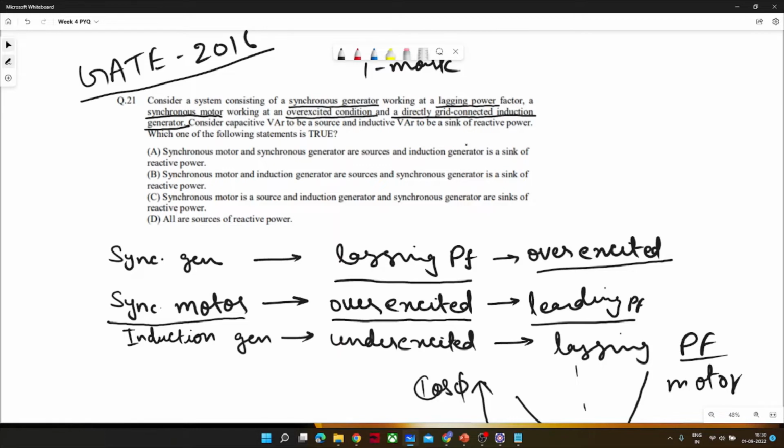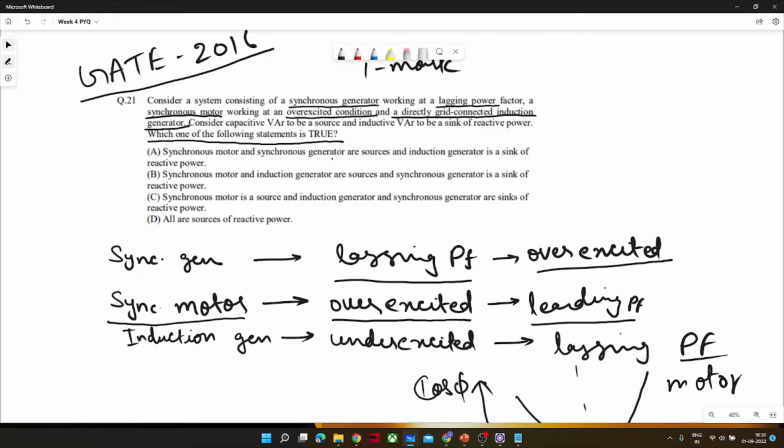Like a capacitor can deliver reactive power and an inductor will absorb reactive power. That's why capacitors are sometimes known as condensers, or overexcited synchronous motors are sometimes known as synchronous condensers. So we have to choose which statement is correct.